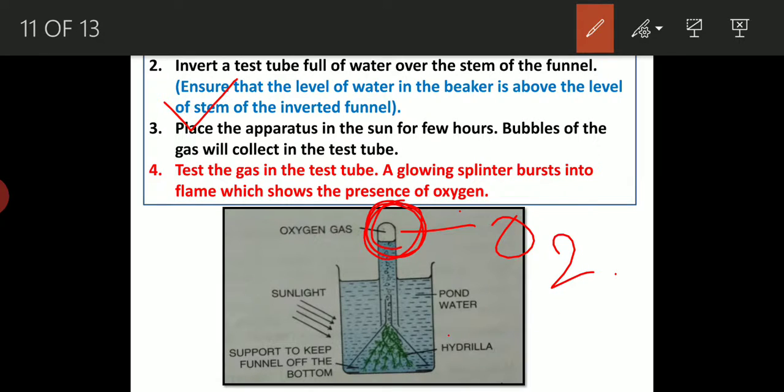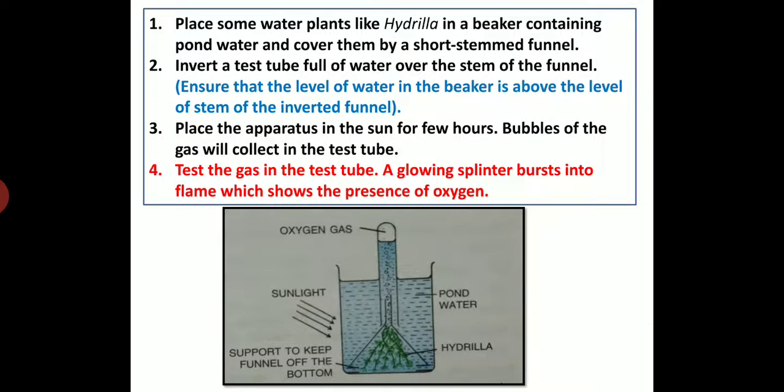nothing but oxygen. So in this experiment, we are taking a water plant, hydrilla, and we provided pond water, we are providing sunlight, and in the plant chlorophyll is present, so we are providing everything. So this bubble actually proves that photosynthesis is occurring, and due to this process of photosynthesis, a gas is produced at the top of the inverted test tube.